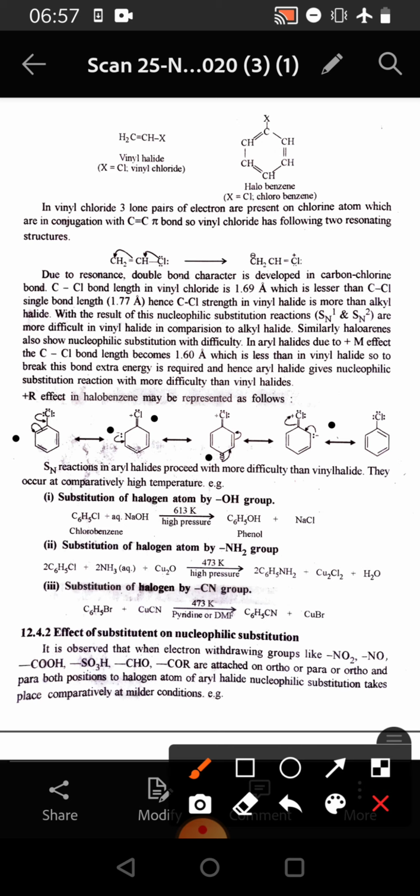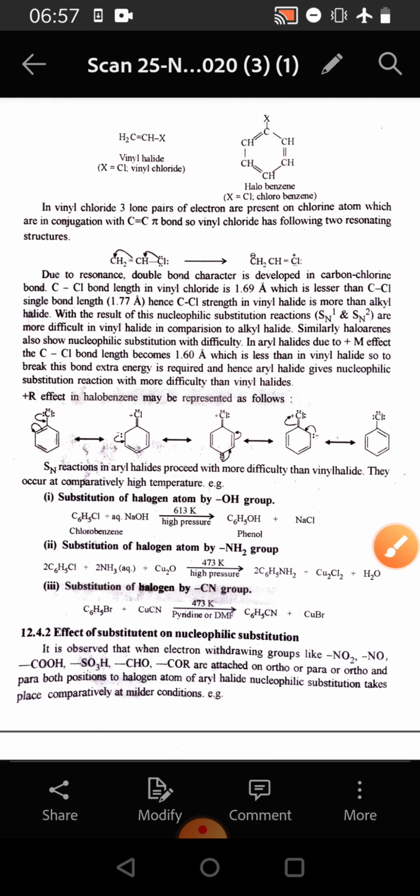Later the electron pair at the sixth position shifts between C1 and C6, and a double bond is formed between C1 and C6, and neutrality is established.